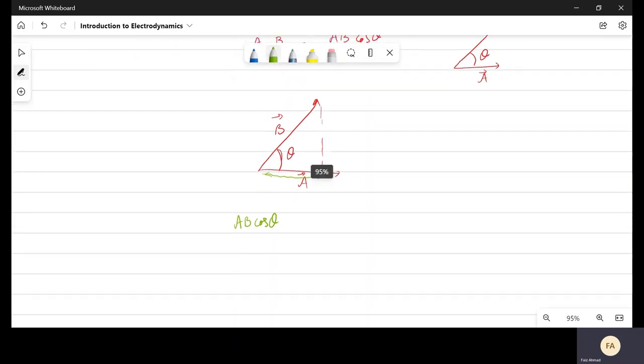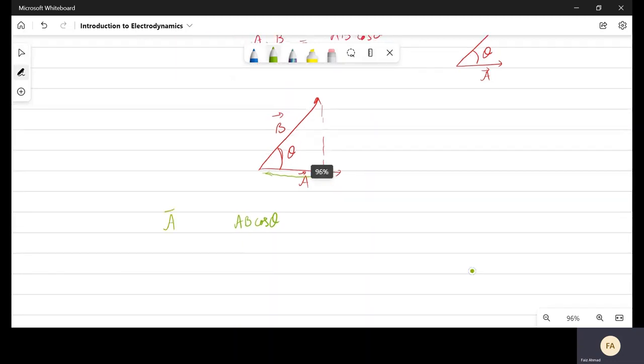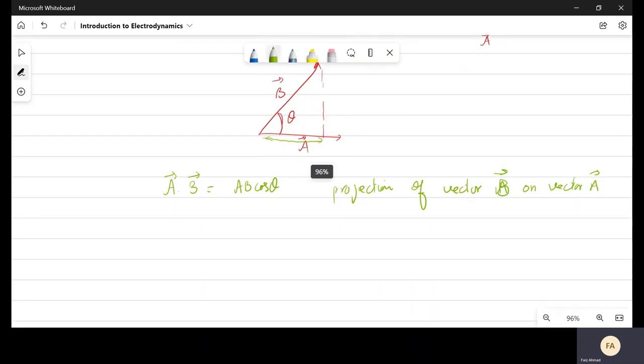So A dot B is equal to AB cosine of theta. Projection of vector B on vector A. If we draw the projection of vector A to B, then the projection will remain the same.